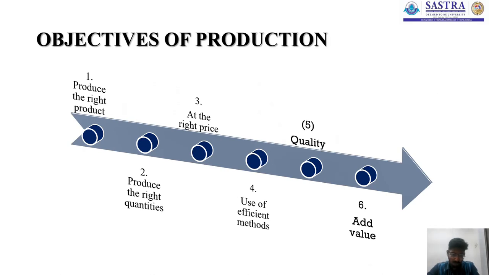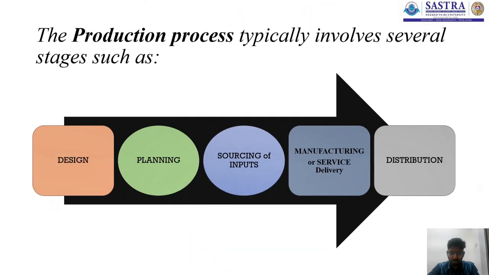So which one is important? So the use of efficient methods, the fourth objective, and then moving on to quality, the most important segment here, and then adding value, the brand value might be anything out of there. So typically, a production process involves several stages, such as the first and foremost thing would be the design, the planning, and then moving on to sourcing of inputs.